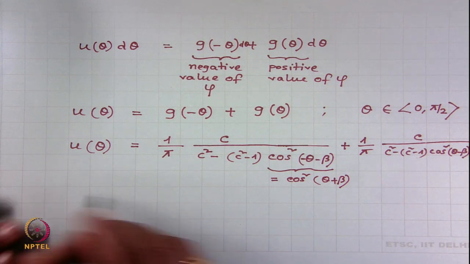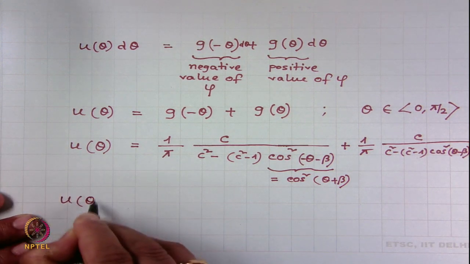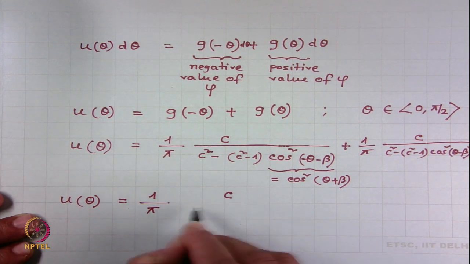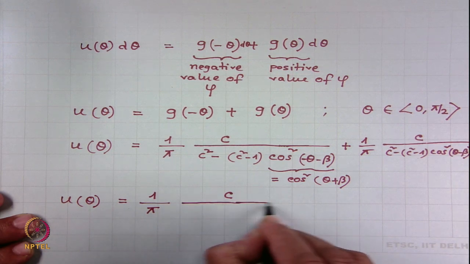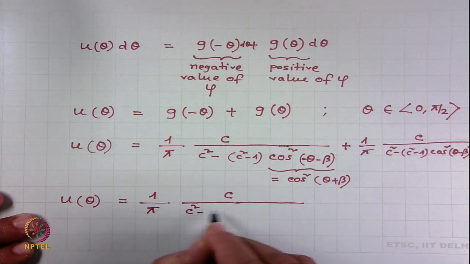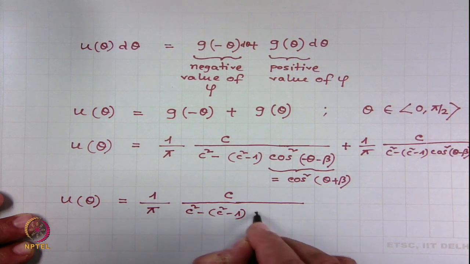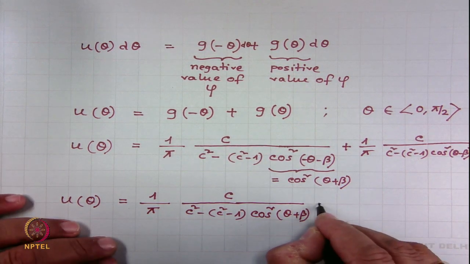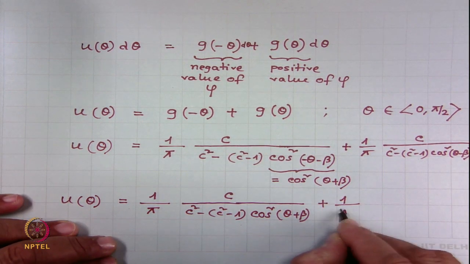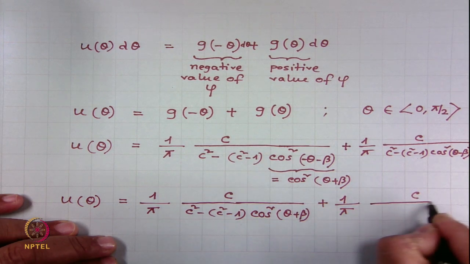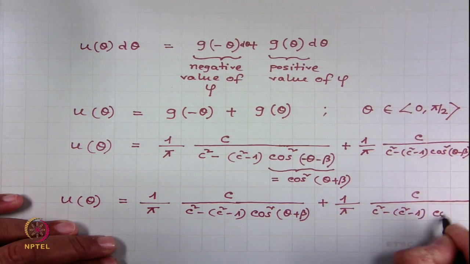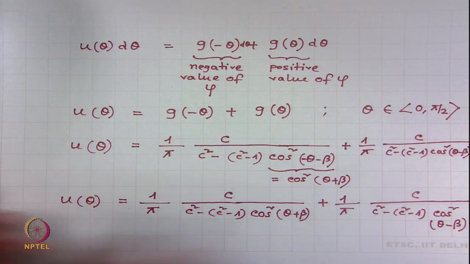So, if we write u theta is equal to 1 by pi c by c square minus 1 cos square theta plus beta, plus 1 by pi c by c square minus 1 cos square theta minus beta.